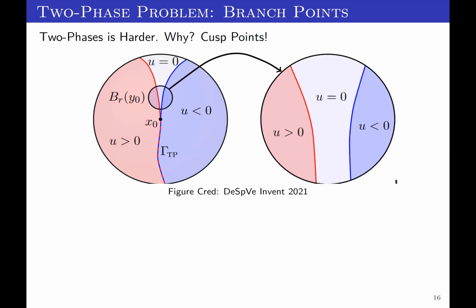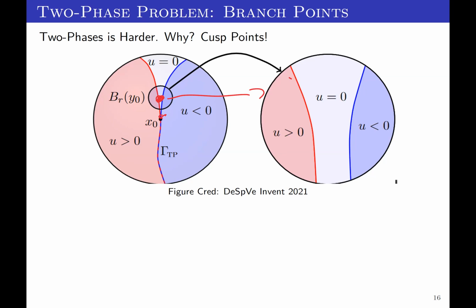But if you're at a cusp point, a branch point where the two free boundaries come together, right here, then you can look like a two-phase point at one scale, but when you zoom in, you start looking like one-phase points, right? So here, these two phases are really close together, but when I zoom in, the two phases come further apart. And so handling this transition between one phase and two phase is really quite difficult.